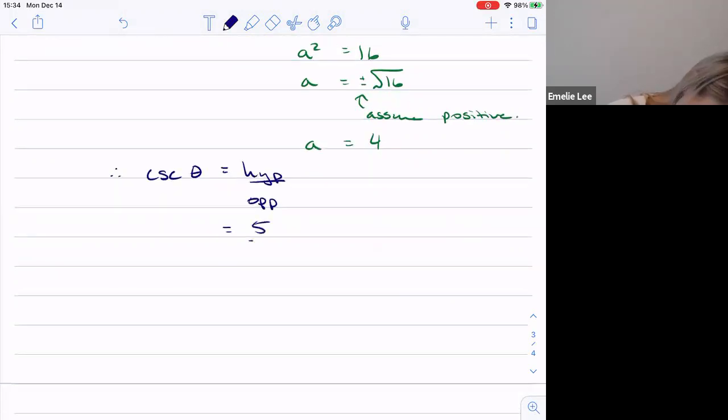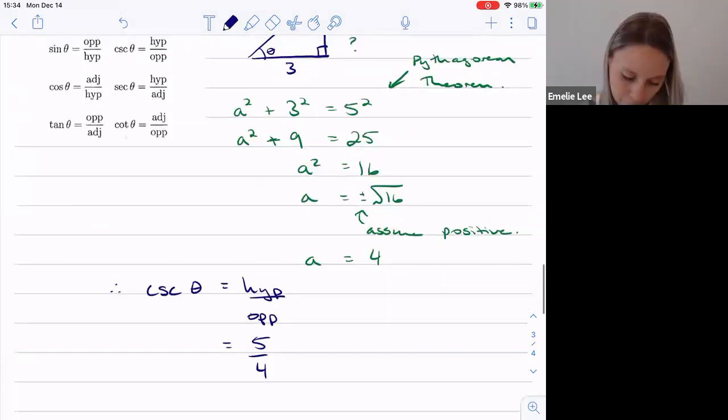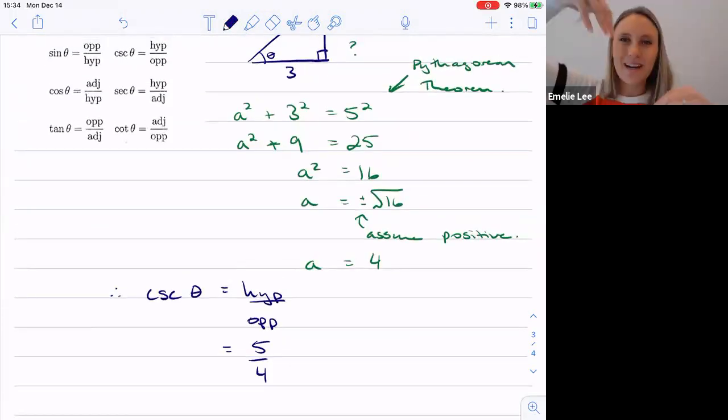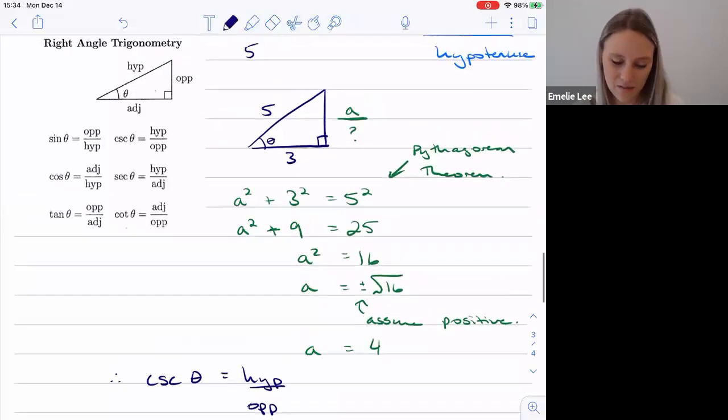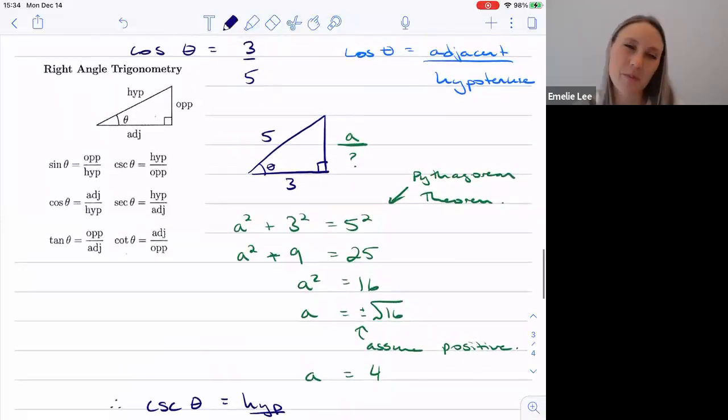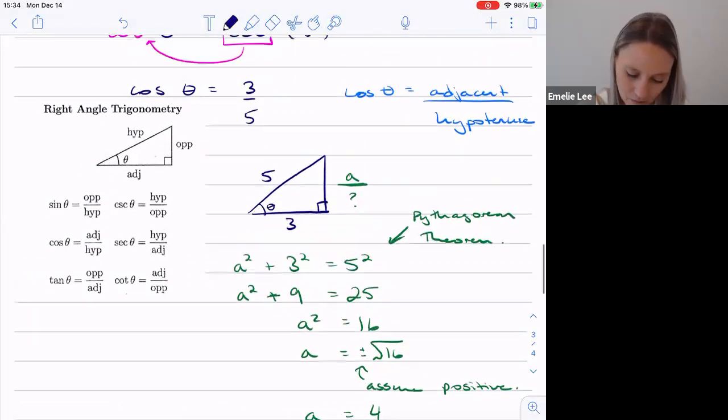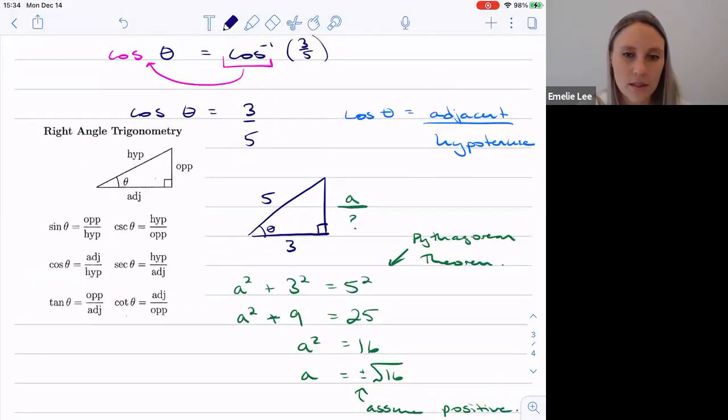Which is 5/4. So it's kind of like a daisy chain of events, right? And it just brings you back to some nice fraction, typically. Okay.